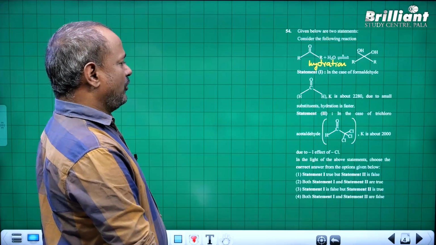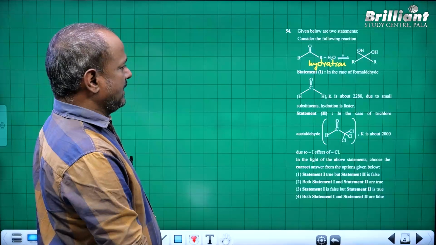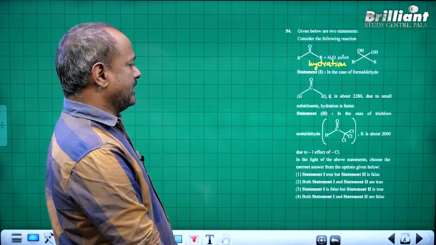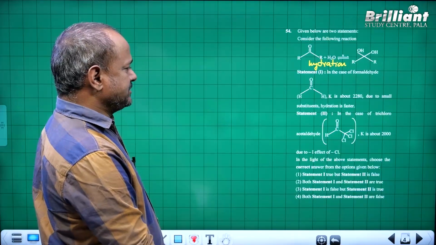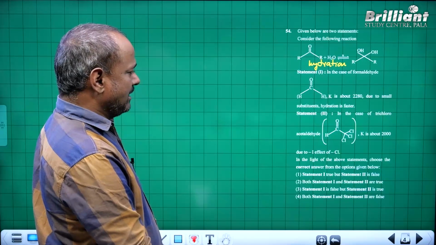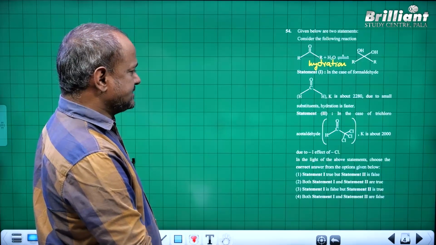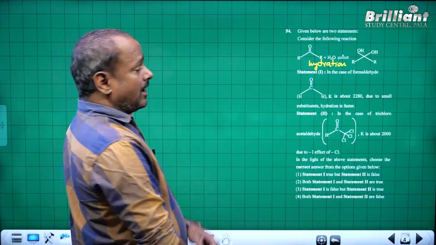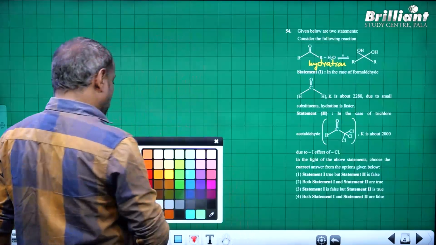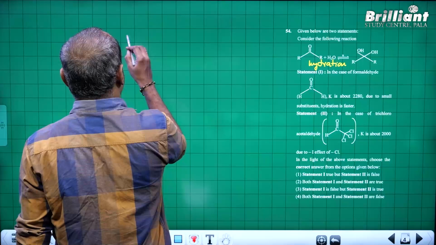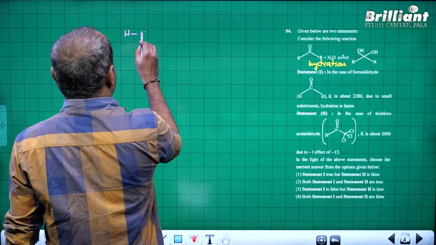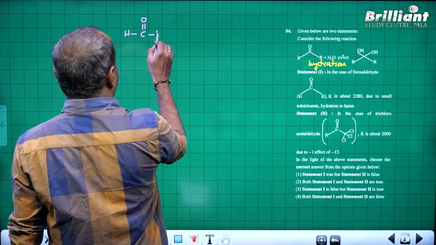Statement 1: formaldehyde, the K value is about 2280. Due to small substituents, hydration is faster. The most reactive toward water molecule is formaldehyde only. The most stable hydrate is formed.